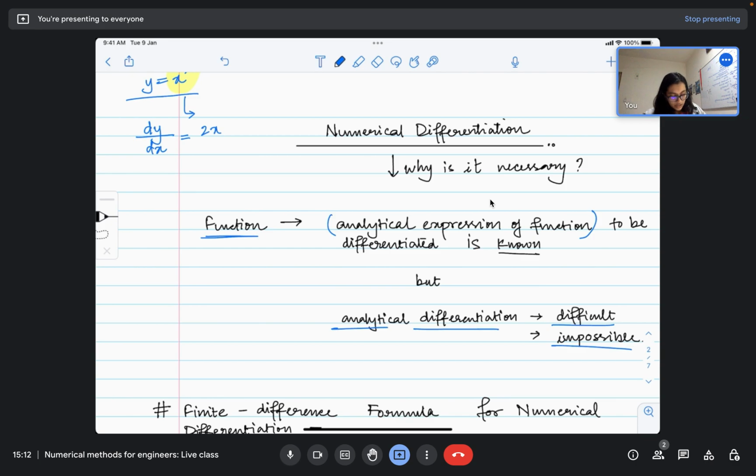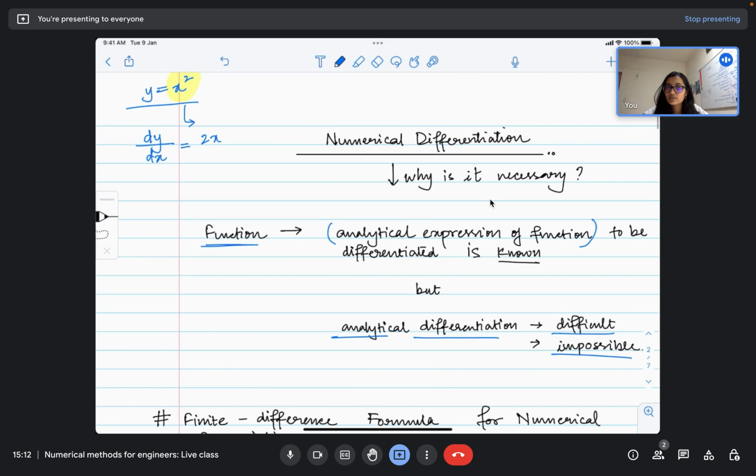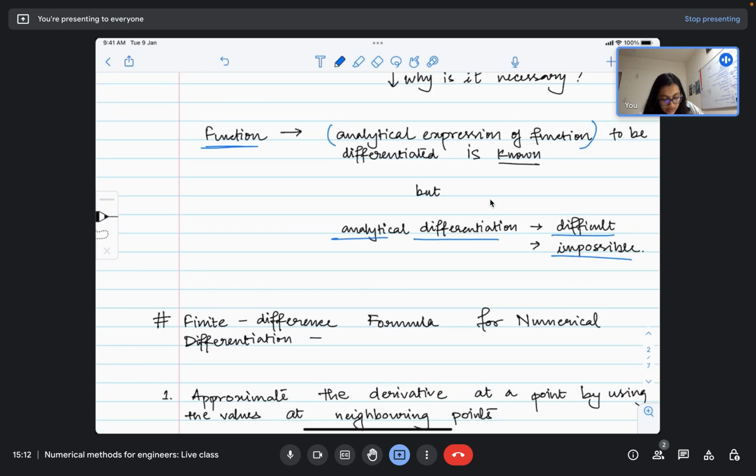Okay. So before we dive into the algorithm and the derivations and so on, we'll just take a few moments here and understand what we are basically doing in numerical differentiation. Okay. So as we wrote previously, suppose y is equal to x square. What we are actually interested in finding out is dy by dx, right?